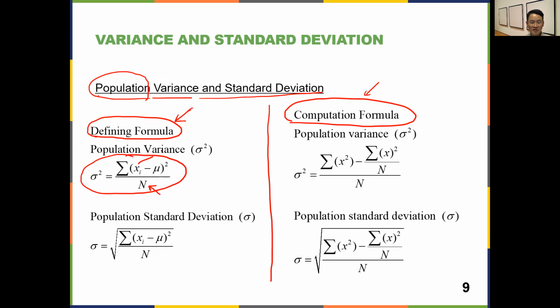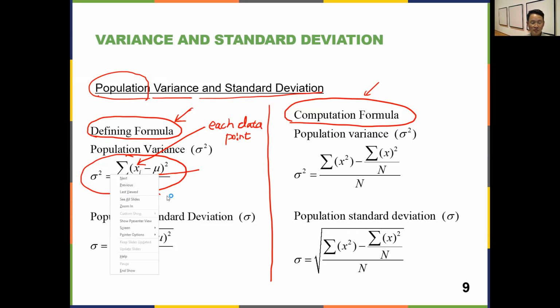Now, what does this x refer to? This refers to each data point. So each data point minus mu. What's mu? All right, so let me actually write it down.